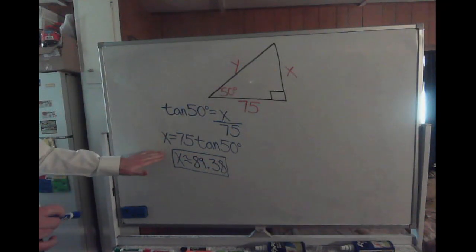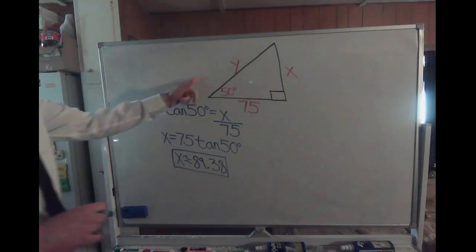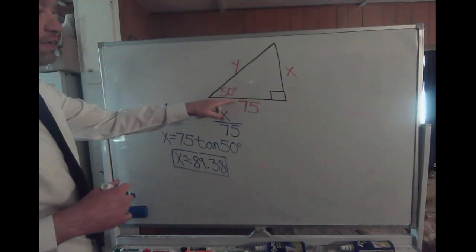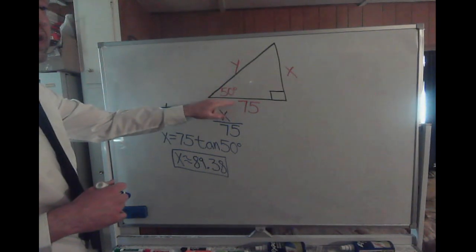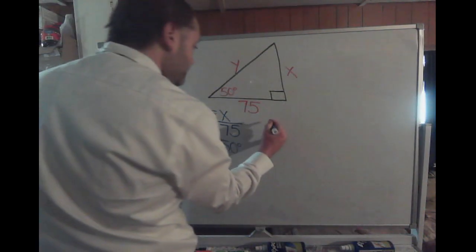So we found that using the tangent function. Now we need to solve for y. Well, you have the adjacent leg here, 75, and the hypotenuse y. If you're relating the adjacent and the hypotenuse, that's going to be the cosine ratio.